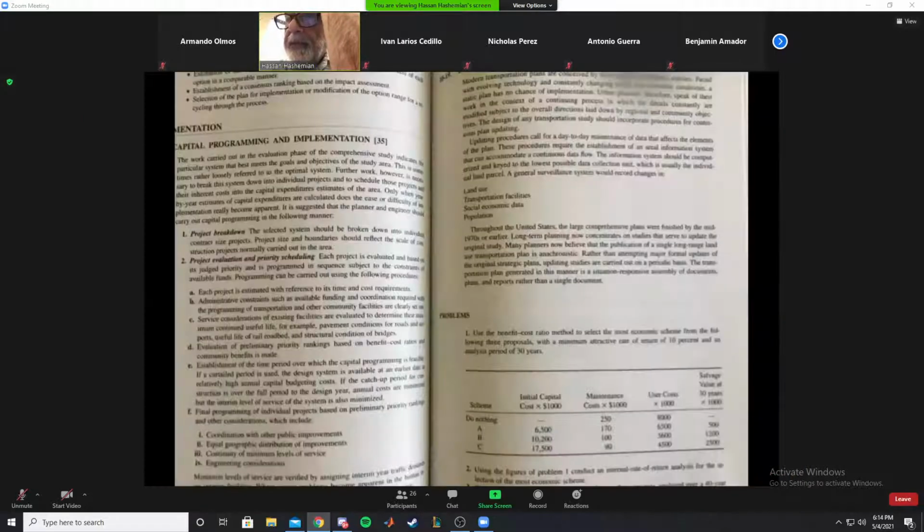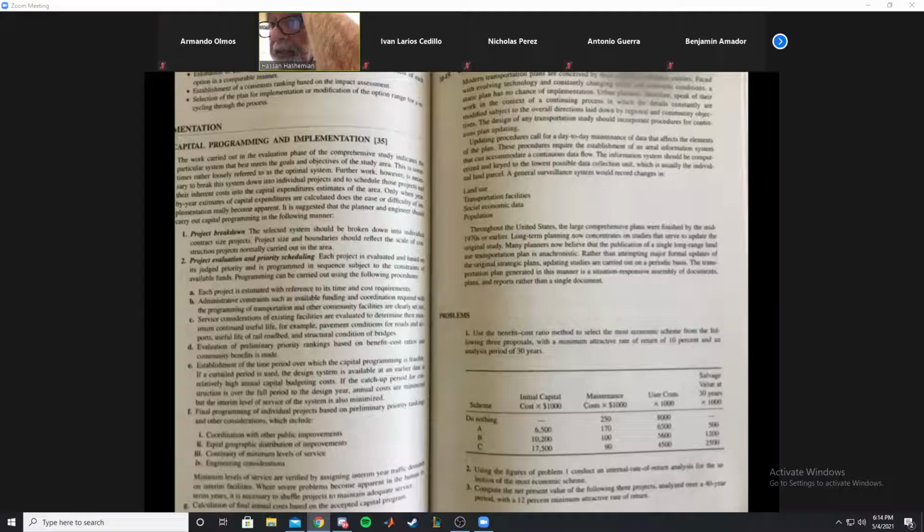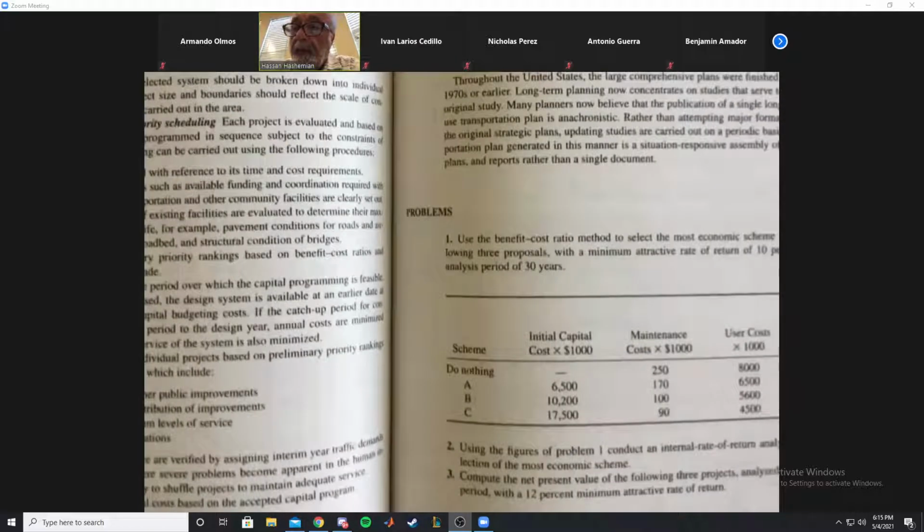Okay, this is the problem here. Obviously, this is a homework problem on chapter 9, but we're going to talk about the problem with the present worth. So that is problem number 3.